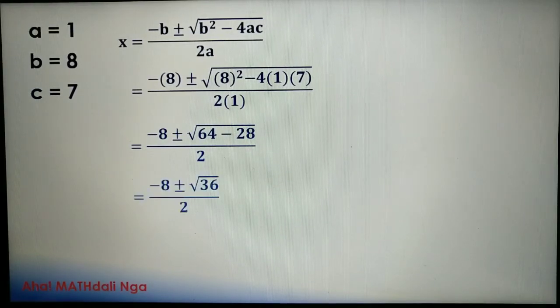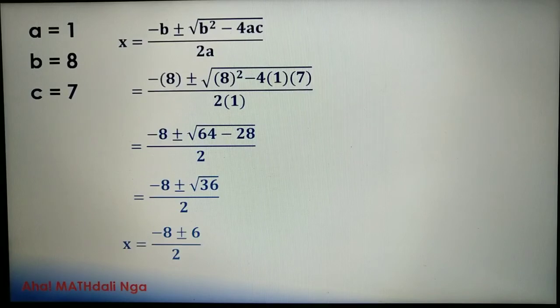Next, negative 8 plus or minus the square root of 36, because 64 minus 28 is equal to 36, all over 2. So our x is equal to negative 8 plus or minus 6, because the square root of 36 is 6, all over 2.